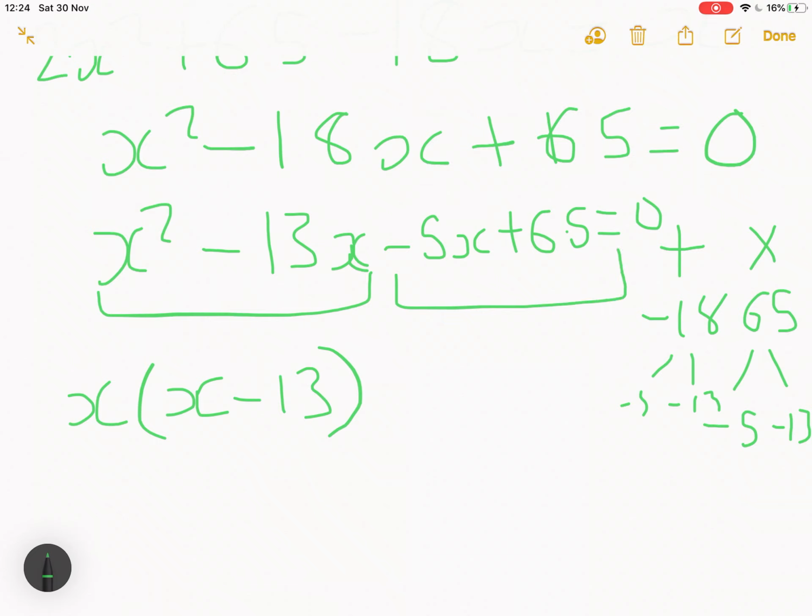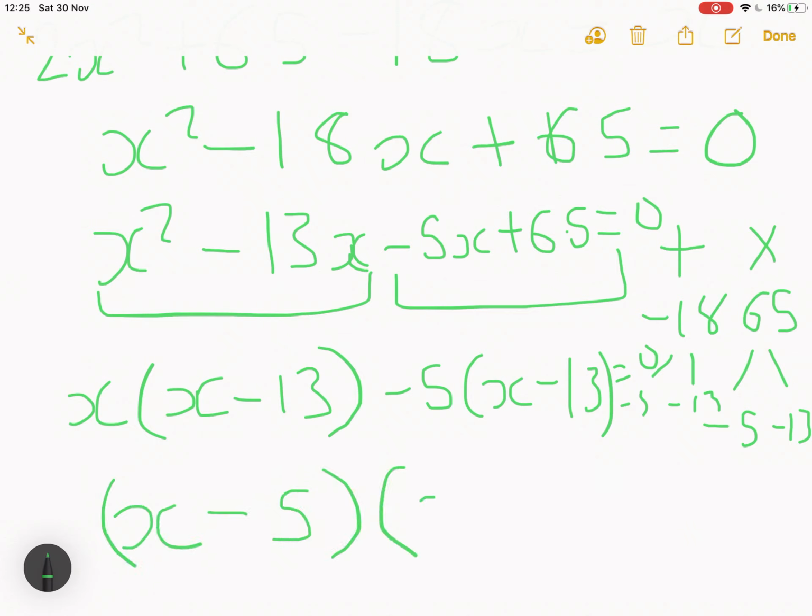So we would take minus 5 out of it, and then you have x, and then minus 5 times minus 13 is plus 65, so that would work. So now we have that equals 0. Then we can add our multipliers together: x minus 5 times x minus 13 equals 0.